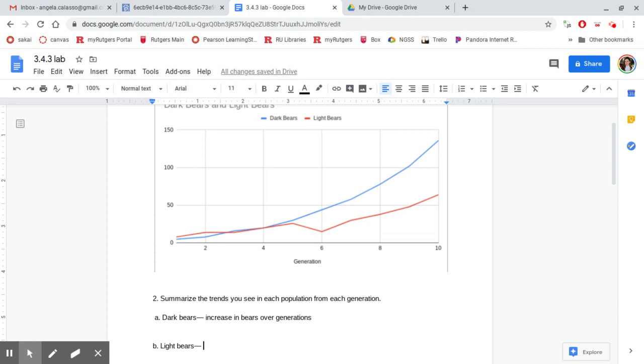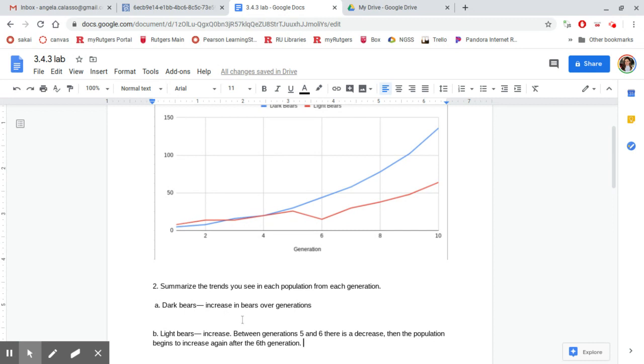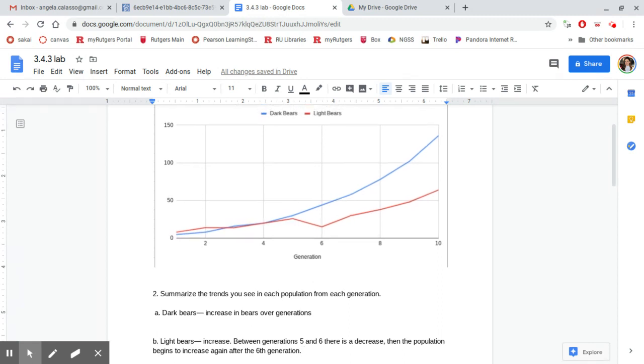So you could write that there is an increase, then between generations 5 and 6 there is a decrease, then the population begins to increase again after the 6th generation. That's an example of what you could put. Obviously, you can make it sound a lot more formal. I'm just writing it this way to keep this video short. So that's how we would see the trends here.